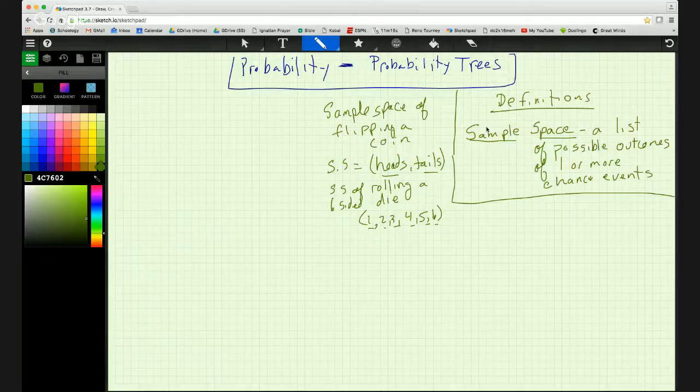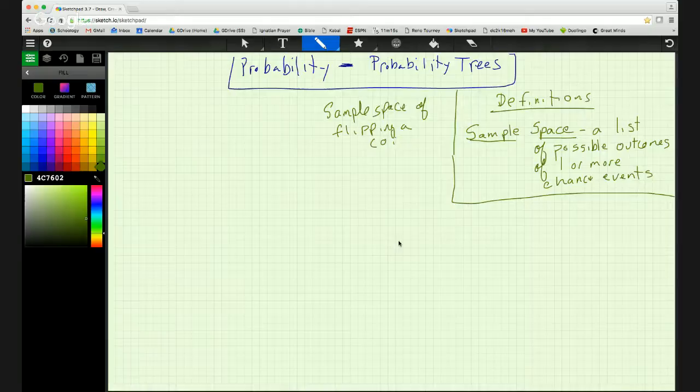Now, before we go too much further, I want to talk about one more thing. So we're just going to unwrap what we just did here. I'm going to talk about the sample space of flipping 2 coins. And then we're going to get into probability. The sample space of flipping 2 coins is, on the first flip, I could get a head or a tail.